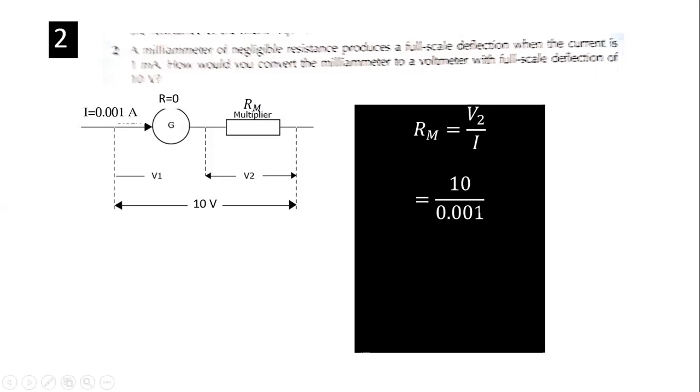That's your current. And then you are told that 10 volt full scale. It didn't tell you the galvanometer resistance, so you can take it as 0. So it's 10 over that. Okay, 10,000, good. You don't need to worry about the galvanometer resistance because it's very, very low usually. You can see that this one is 10,000. This one is less than 1 ohm usually.